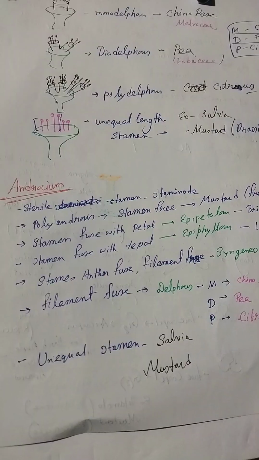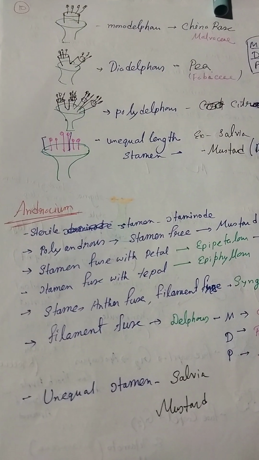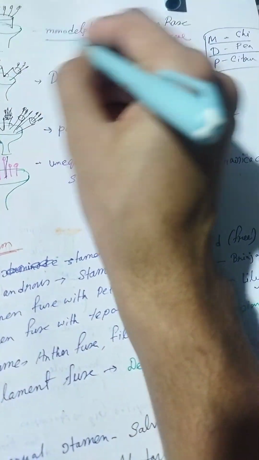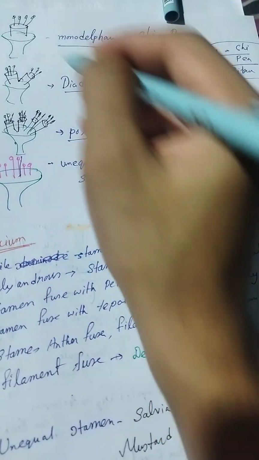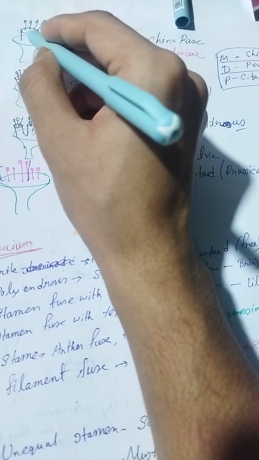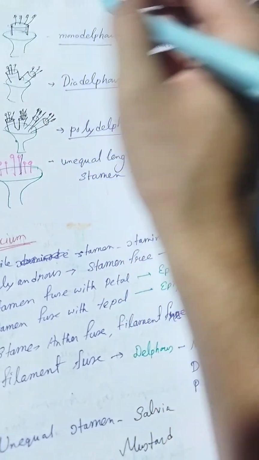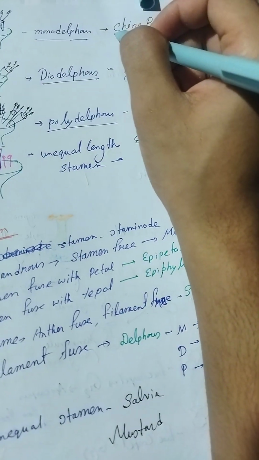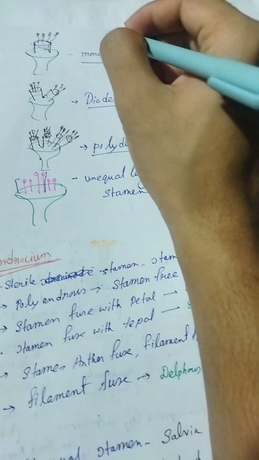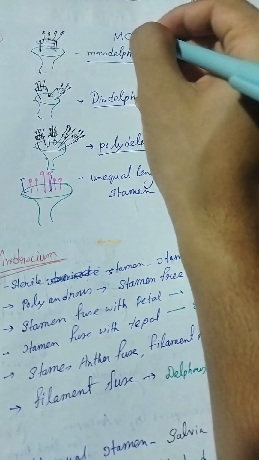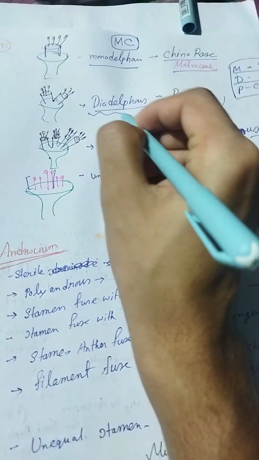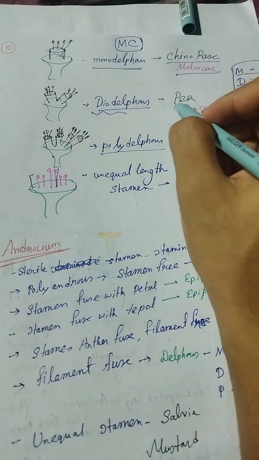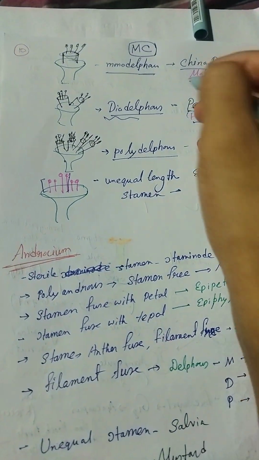Now talk about 3 types of adelphous in the syllabus: monoadelphous, diadelphous, and polyadelphous. In one bundle, if the stamens are fused, that is called monoadelphous. This is China rose, Malvaceae. The trick is AMC. In diadelphous, the example is pea, that family is Fabaceae. DP.